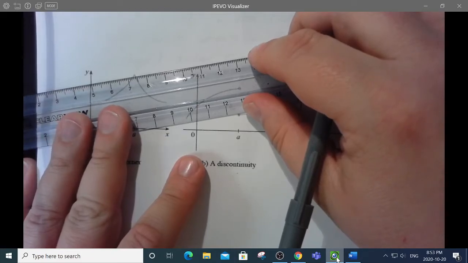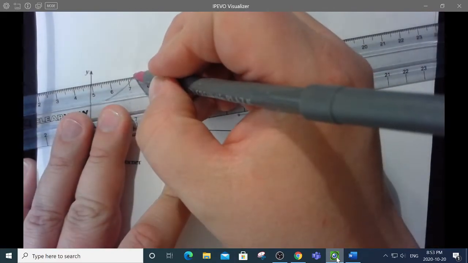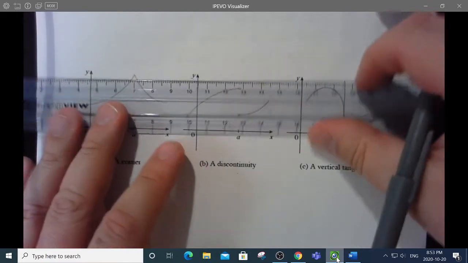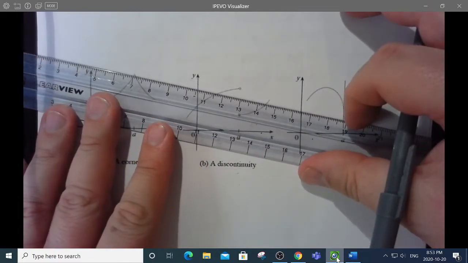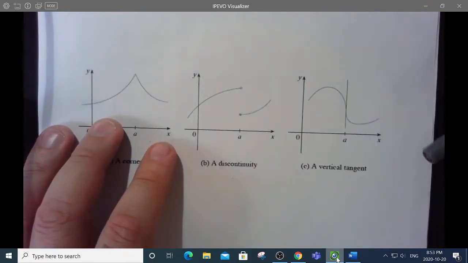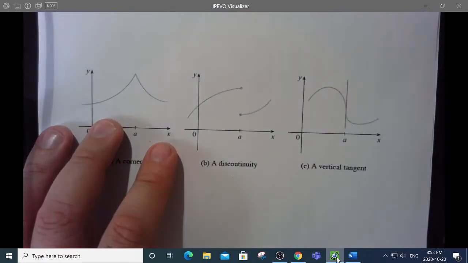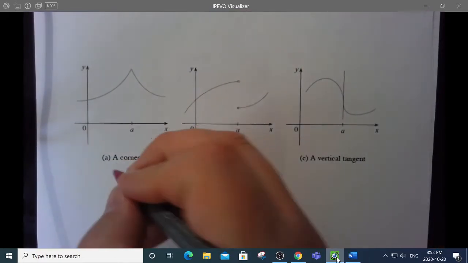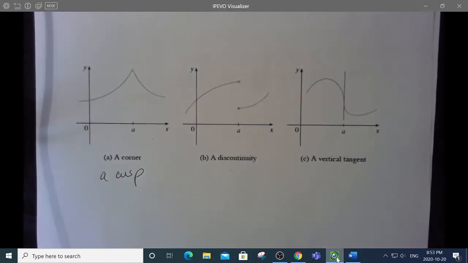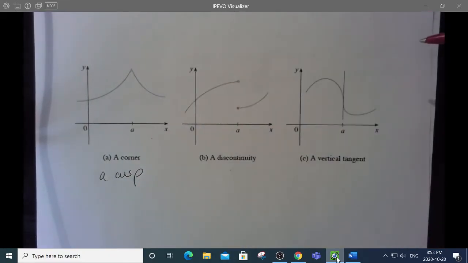Well, I could draw infinite lines that exactly intersect with this corner, right? That would be a line that touches it once, and that would be a line that touches it once. I could make infinite lines that would touch this exact point. That's why a corner, also known as a cusp, is not a differentiable point.